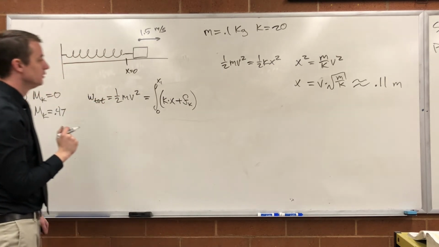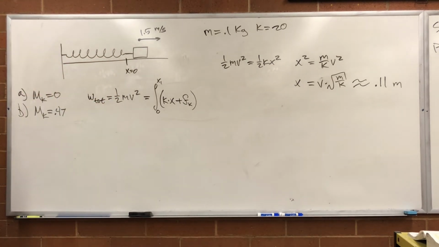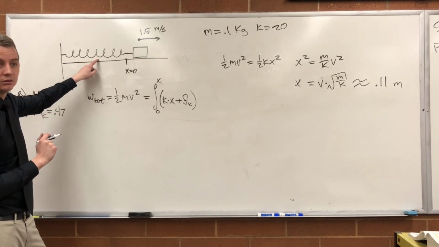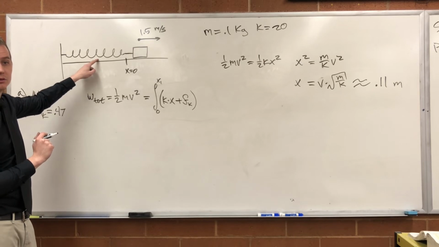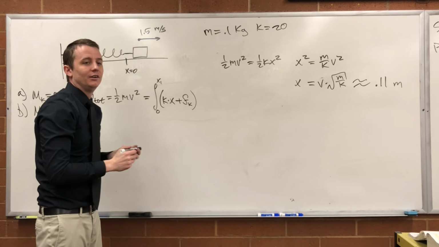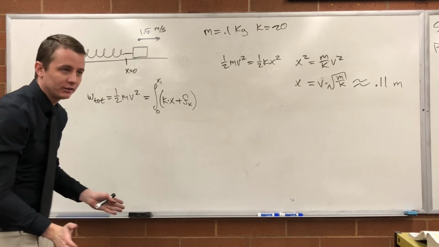Why are you adding that? Why didn't you subtract? They're both pulling it in the same direction. Friction? I thought friction opposes your direction. So does the spring. The spring is opposing our direction of motion. Imagine I have a box and I'm trying to slide it.